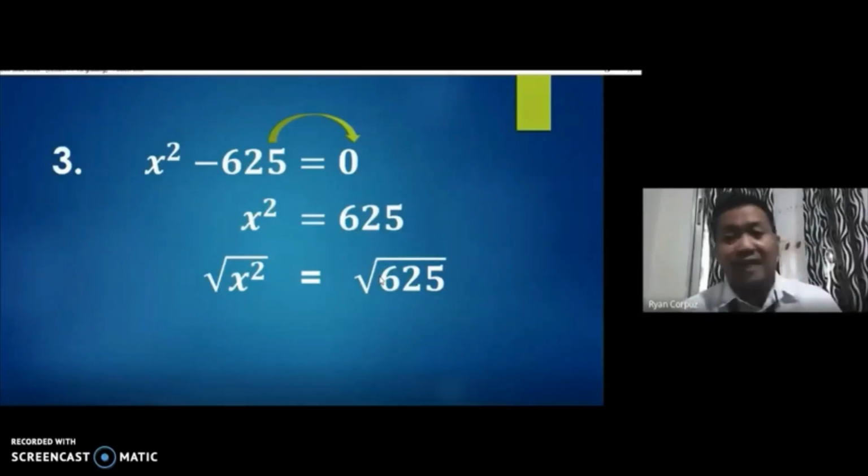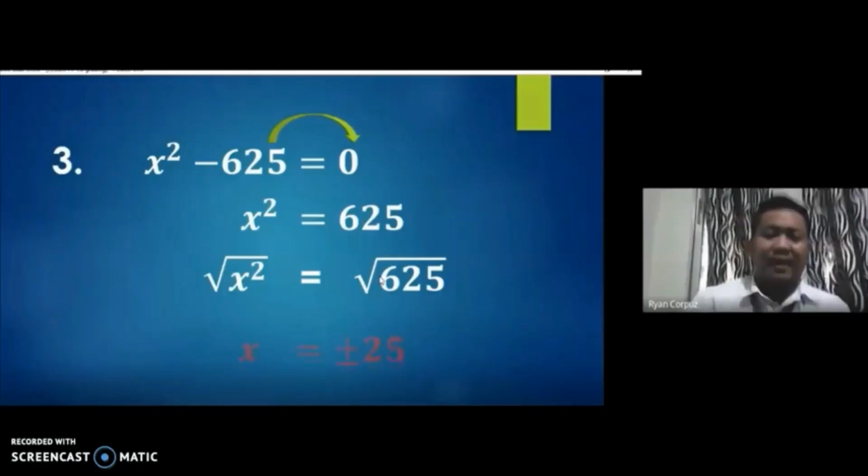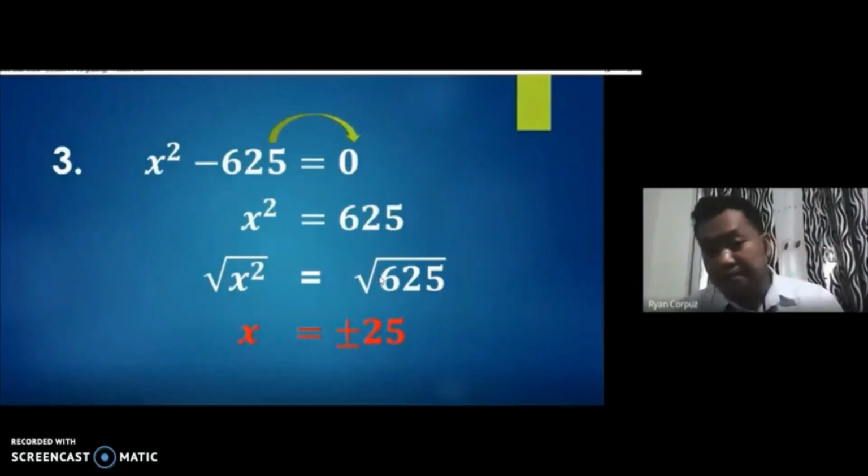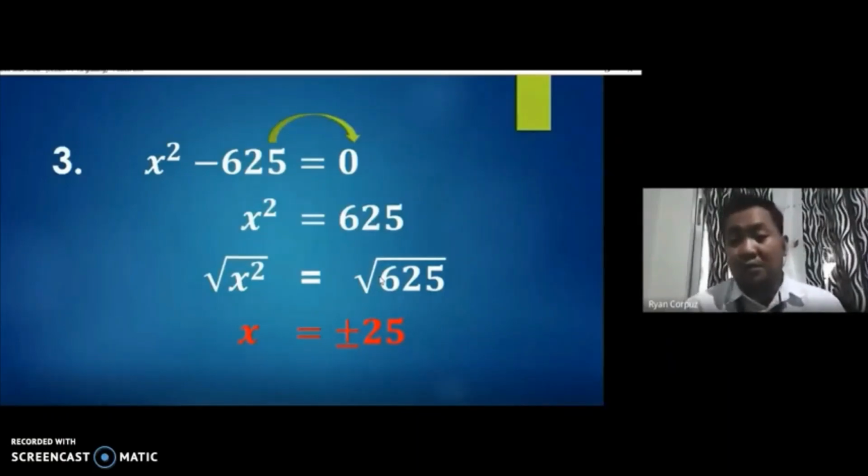The same way that 625 is a perfect square. So the question is, what is the number that when multiplied by itself, the answer is 625? You'll find out that it is 25. So the square root of 625 is 25. That's the principal root.